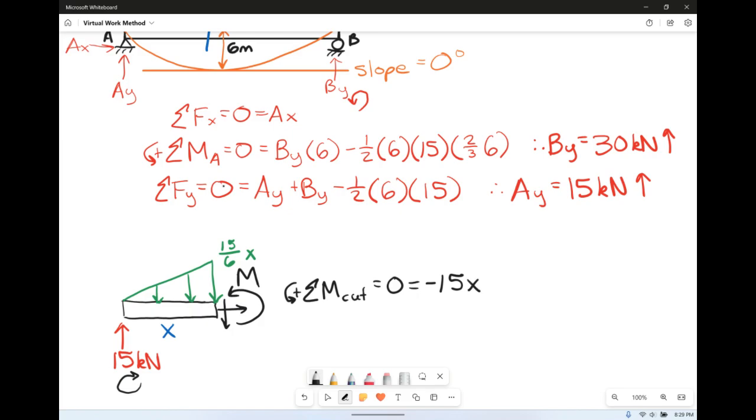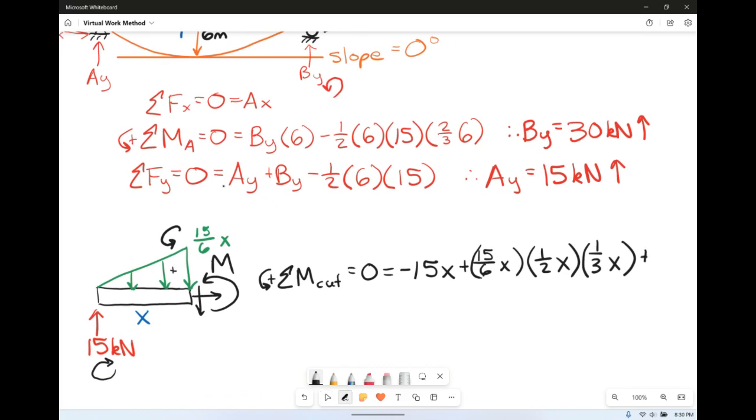Then we have our 15 over 6 times x, linearly increasing load over here. It's going to cause a rotation this way, which is positive. So we have plus 15 over 6 times x, that's the height. And we technically need 1/2 times the base as well. Then the distance from its centroid over to the point about the moment, that's going to be 1/3 of that base of x.